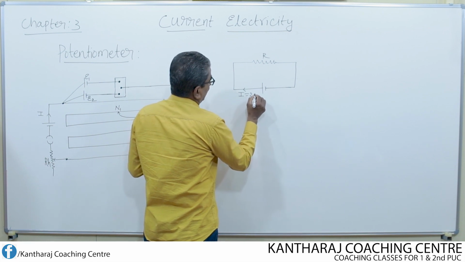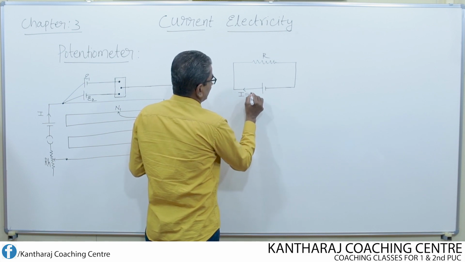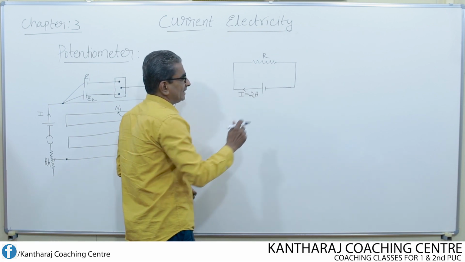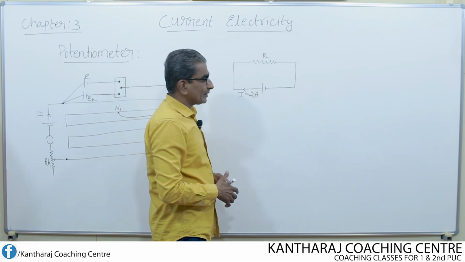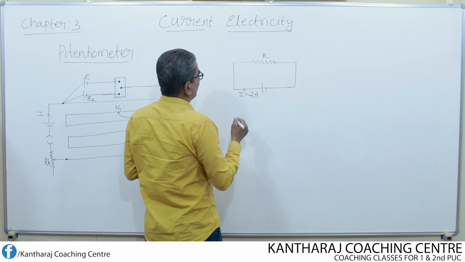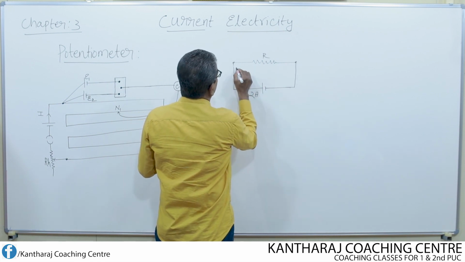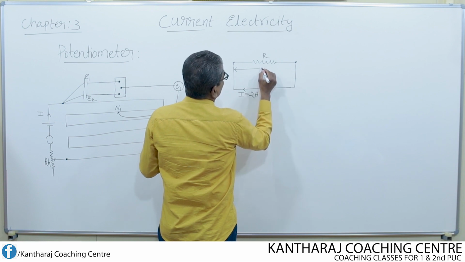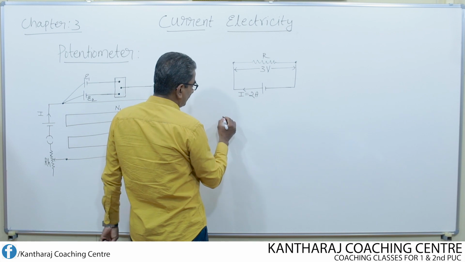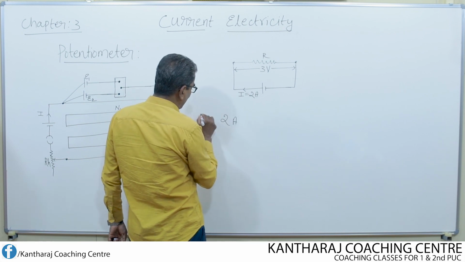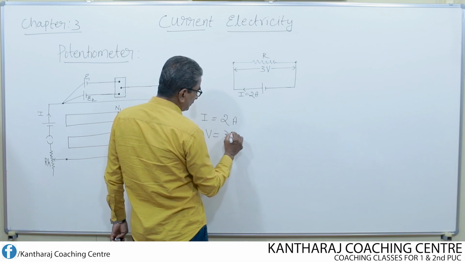Say, for example, the current flowing through this resistor is equal to 2 amps. Corresponding to this 2 amp of current, let the potential difference between the two ends of the resistor be 3 volt. So remember, for a current of 2 ampere, the potential difference is equal to 3 volt.